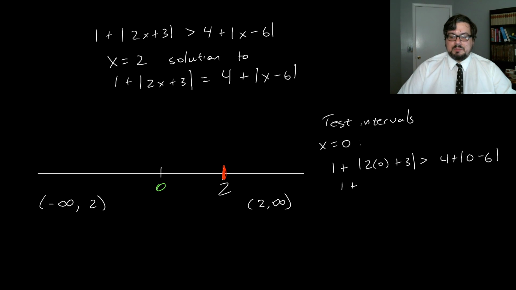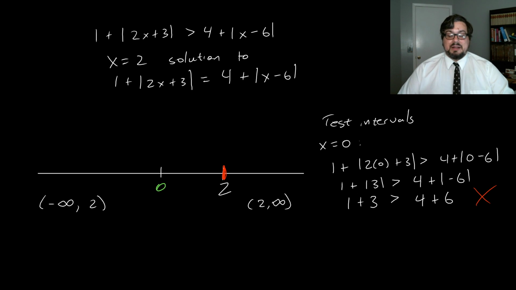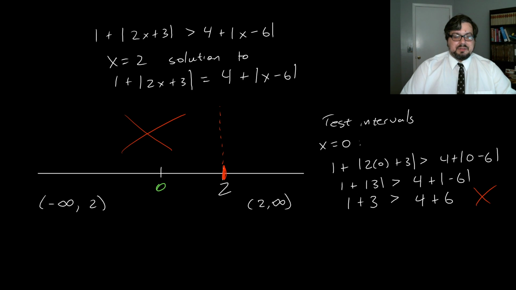This will give 1 plus the absolute value of 3 is greater than 4 plus the absolute value of negative 6, which gives 1 plus 3 is greater than 4 plus 6, and this is false.